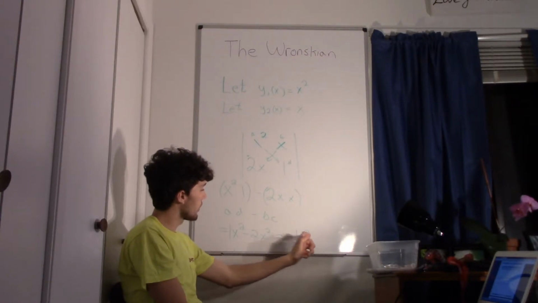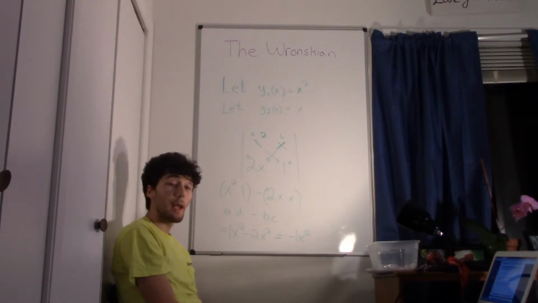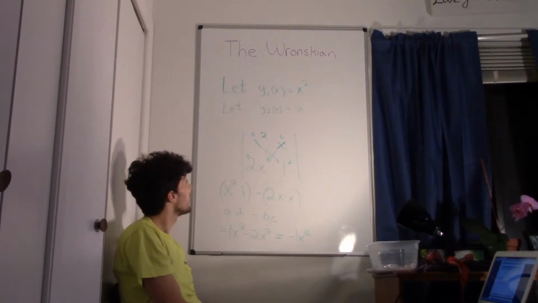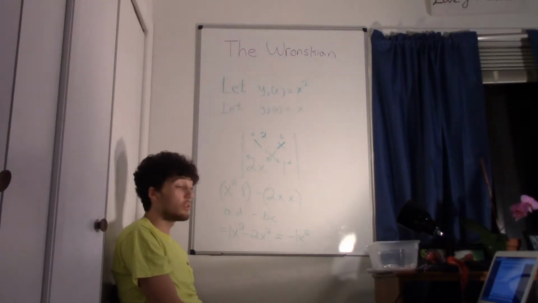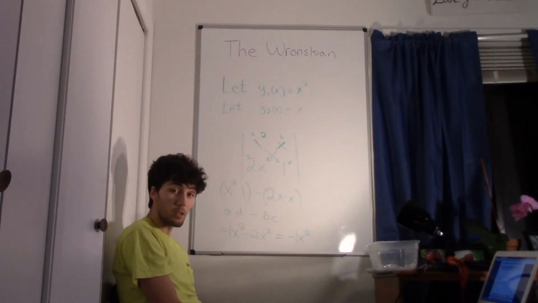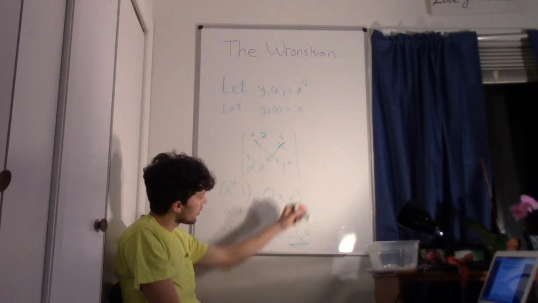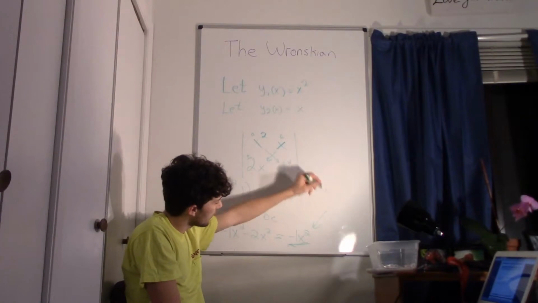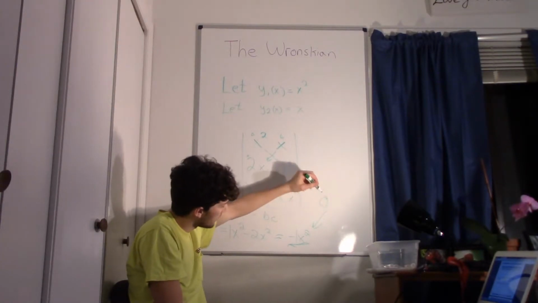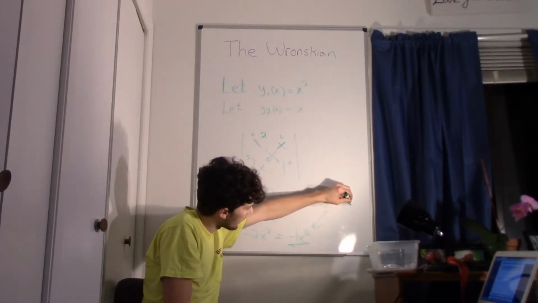Now we have just solved our first Wronskian, and by this result of negative x squared, we know that the set of functions is in fact linearly independent because the answer here is not 0. If this was 0, it would be dependent.